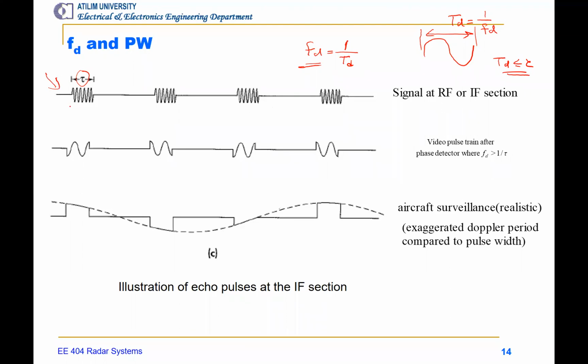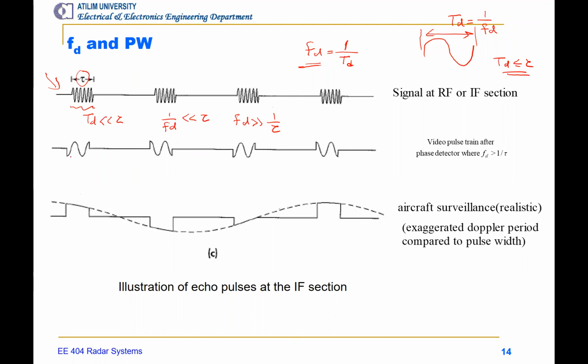You see the Doppler shift here, TD is much smaller than tau. Or simply 1 over fD is much smaller than tau. Or inversely, we can say fD is much greater than 1 over tau. Okay? So what happens if the Doppler shift is proportional to the pulse width?